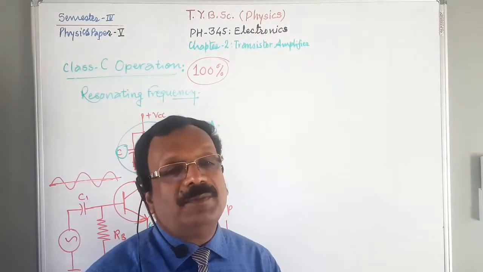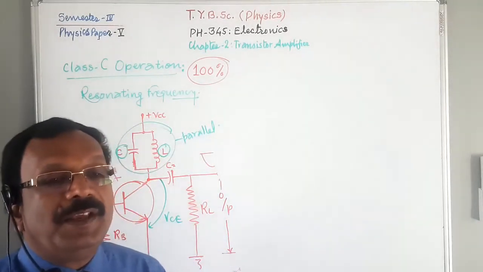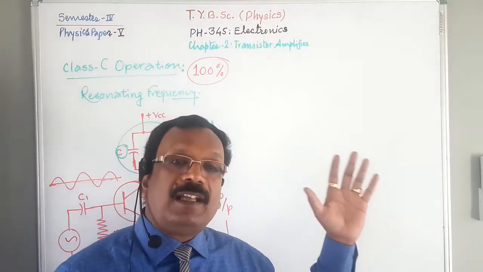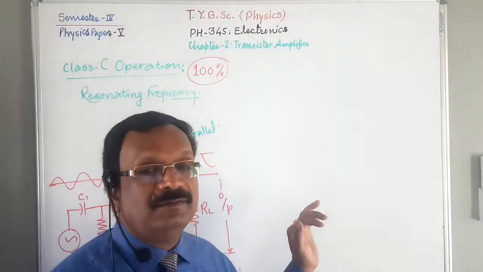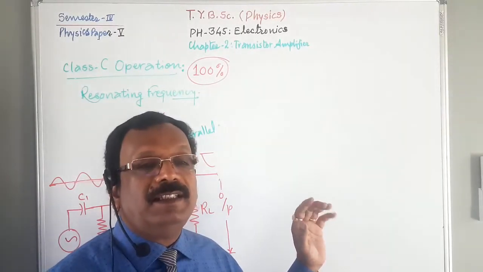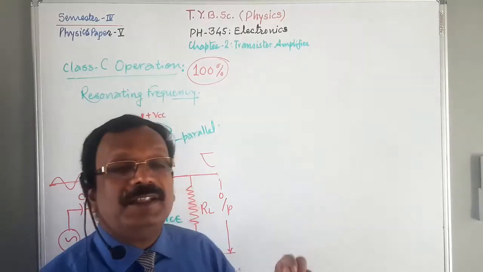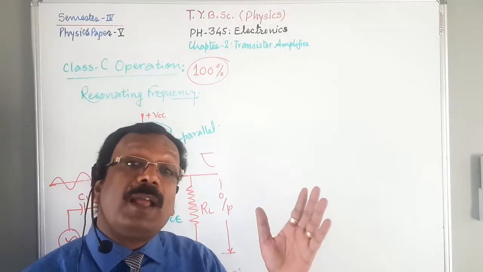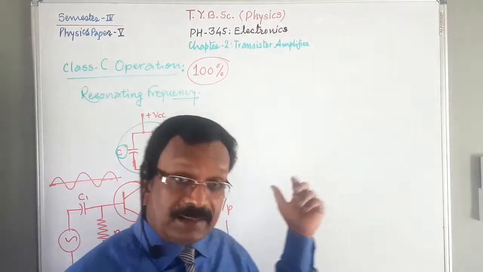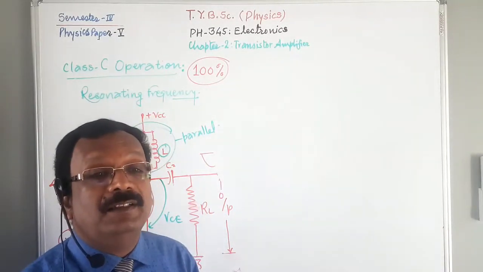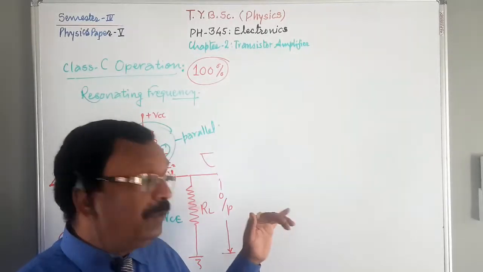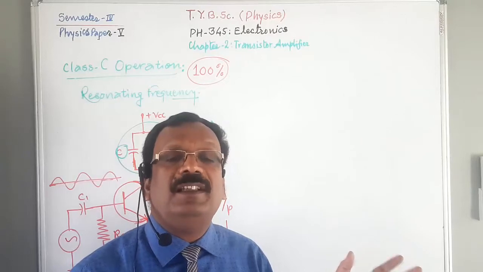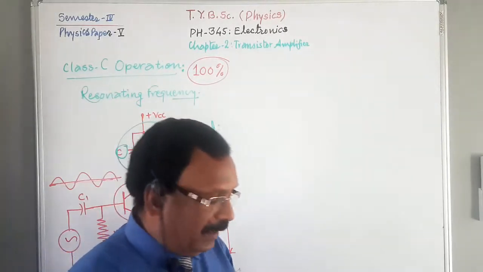Some of the equations discussed for the class A amplifier are also applicable to class B as well as class C amplifiers. Now I am going to give only a list, because we already discussed how these formulas arise. So, power gain.